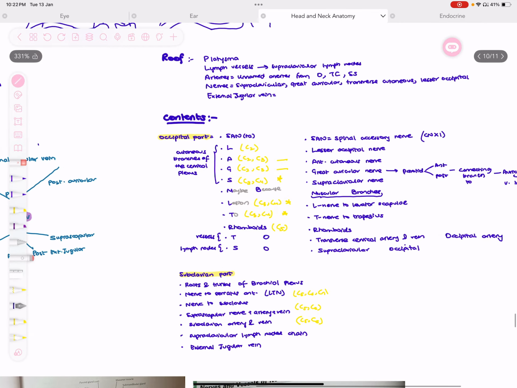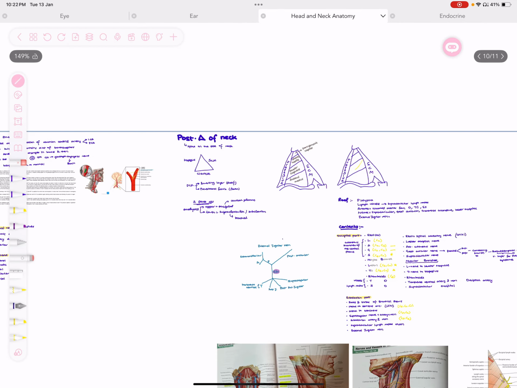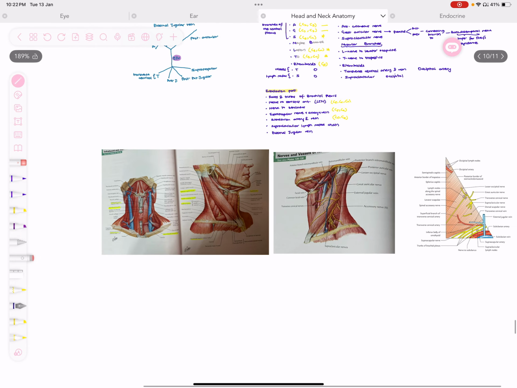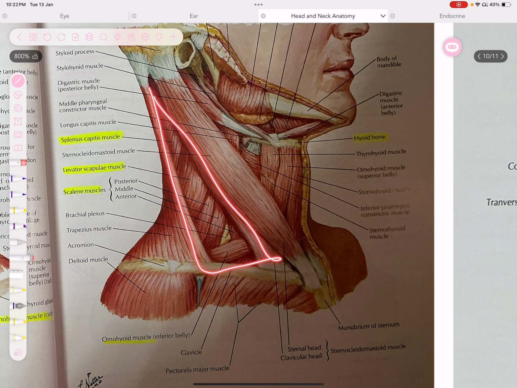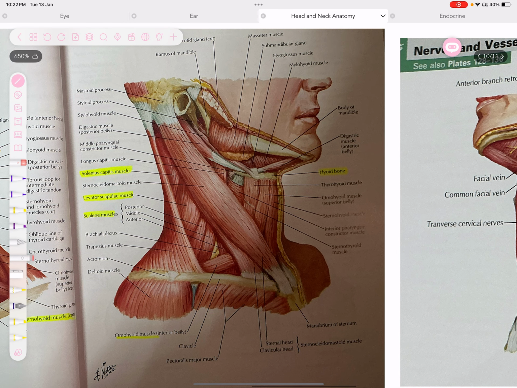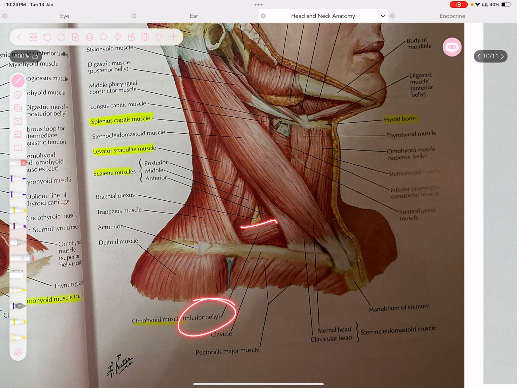When you talk about the contents, it's important for you to know that this entire triangle is divided into two parts. This division is done by the inferior belly of the omohyoid muscle. The omohyoid muscle has different bellies. Its inferior belly divides the posterior triangle of the neck into an upper part and a lower part.